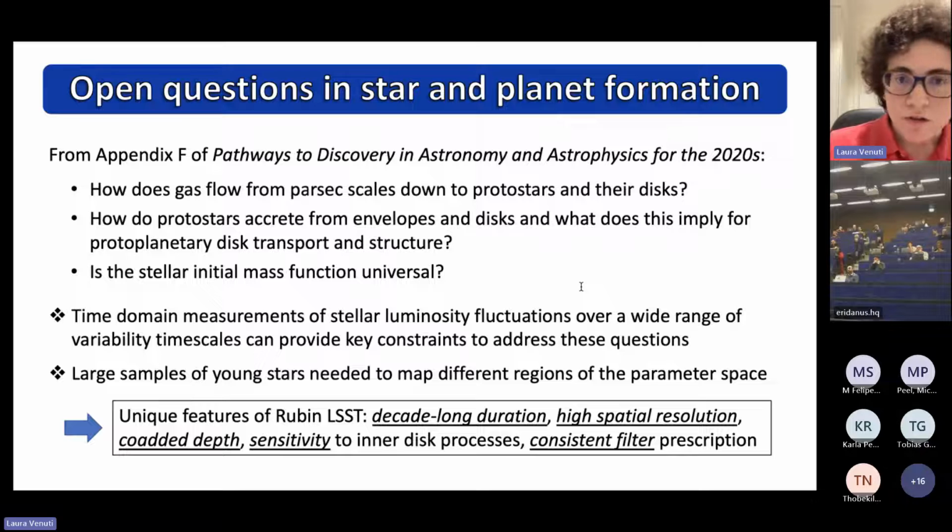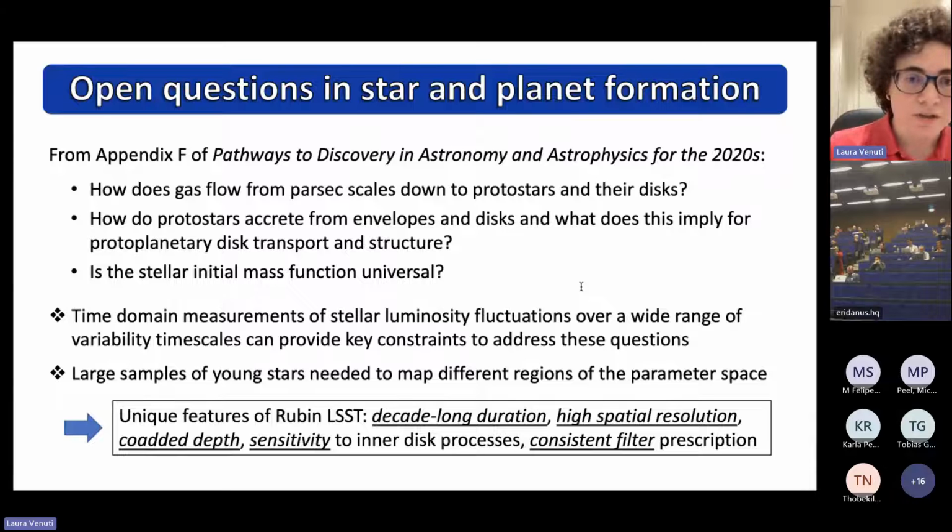And in order to address these questions, we need to obtain time domain measurements of stellar luminosity and their variability over a wide range of variability timescales, and for large samples of stars that cover different evolutionary stages and different regions of the parameter space in order to map this variety of behaviors.